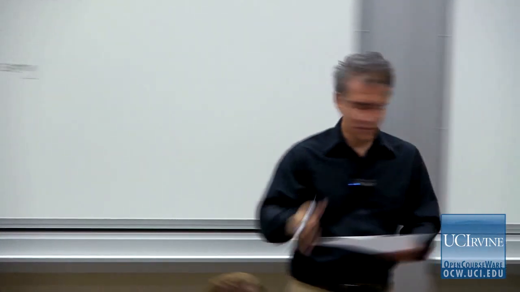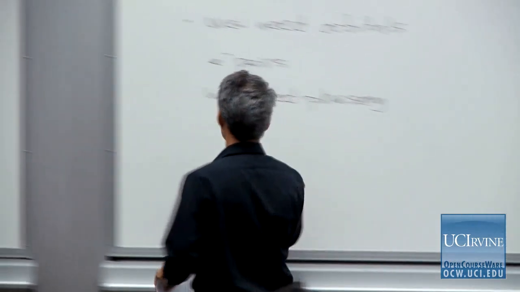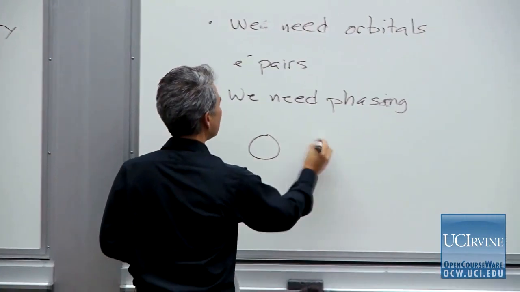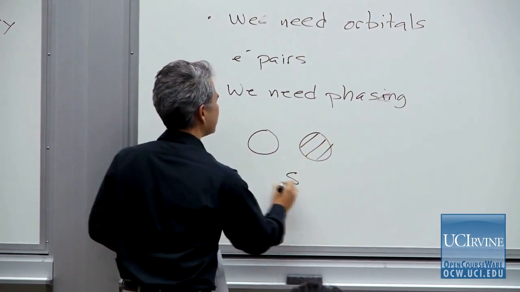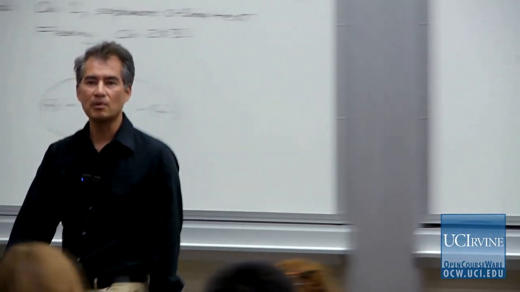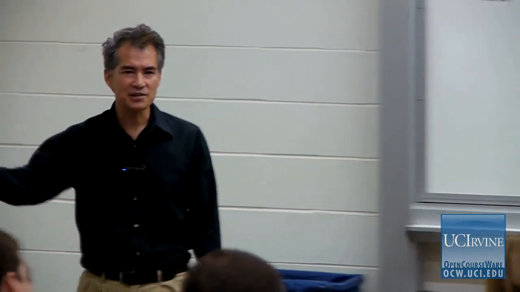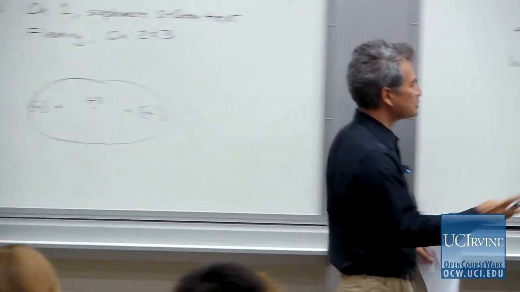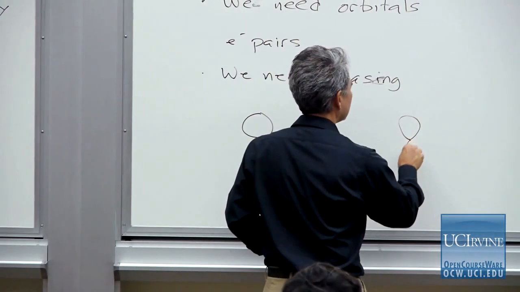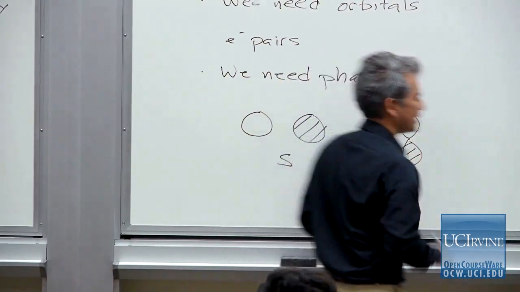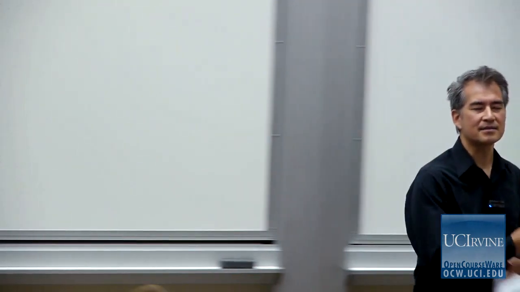And so let's go ahead and draw the canonical types of orbitals that we will use in this class. And there's really only 2 types. I'm going to represent an s orbital like this as just simple little balls, and they'll have phasing, either hashed phasing or unhashed phasing like this. We'll also use p orbitals. And we'll represent them with this kind of lame representation like this. They don't look exactly like that, but this is good enough.